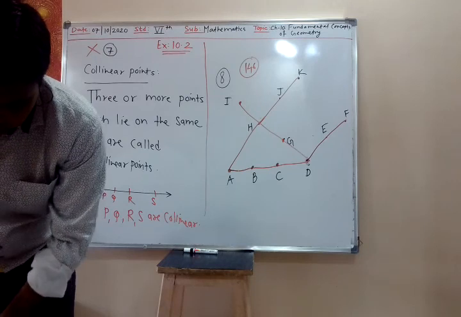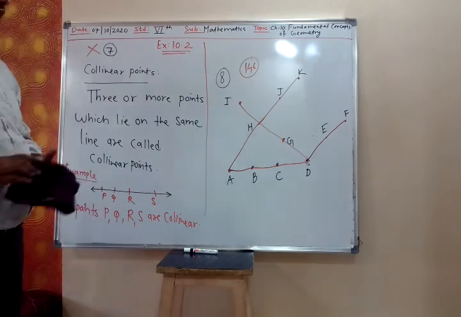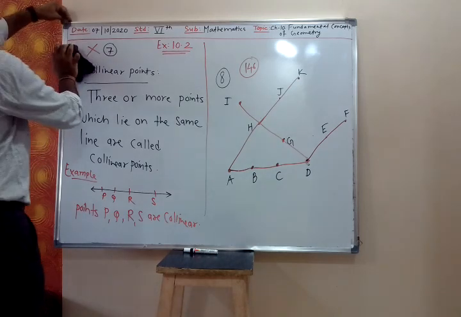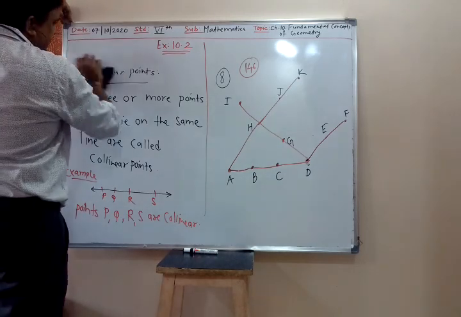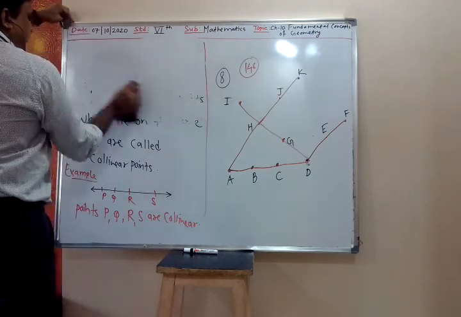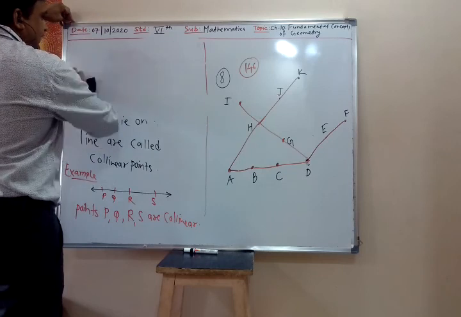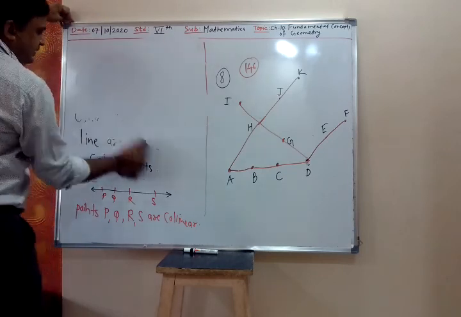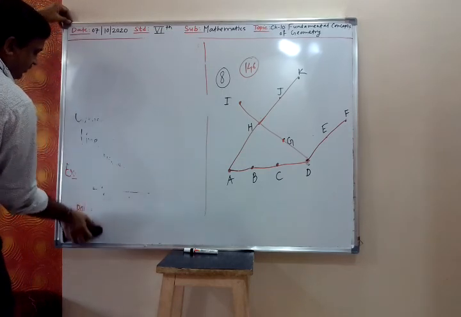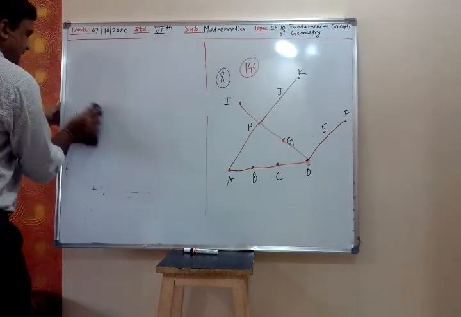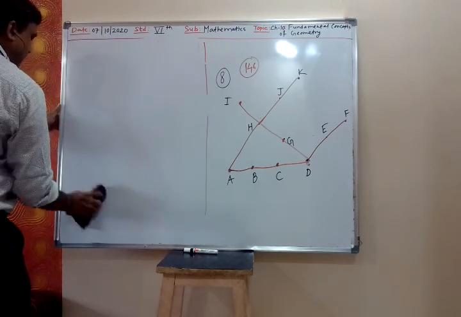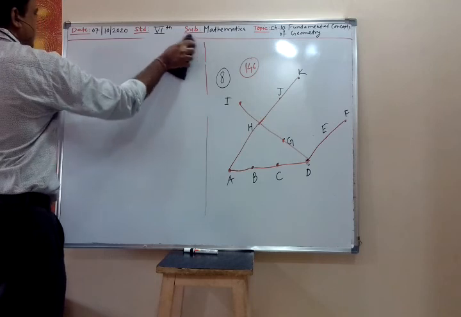You can do it in that only. So all the points, if they lie on one single line, then those points are called collinear points.